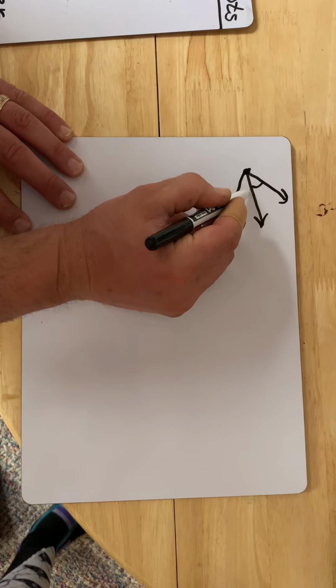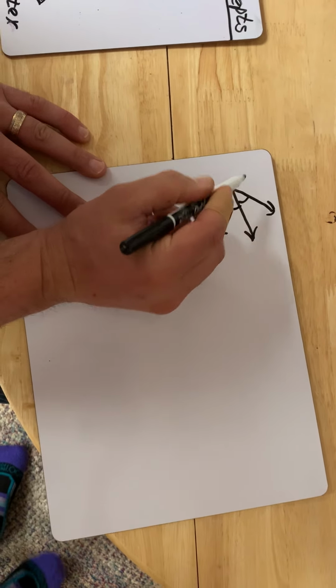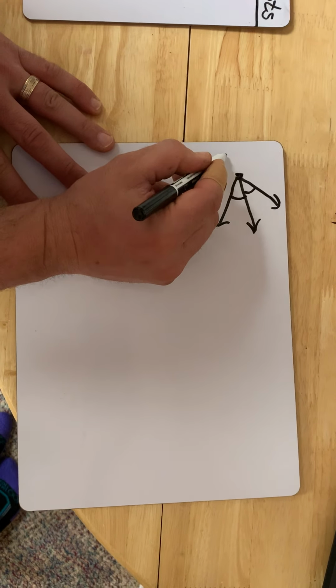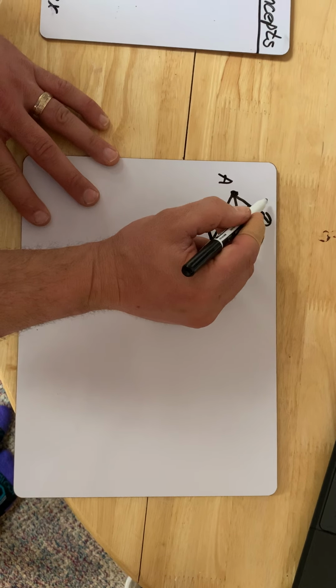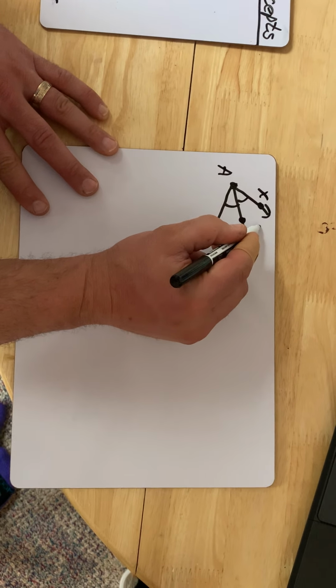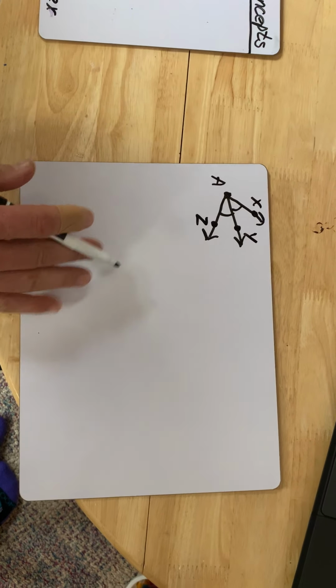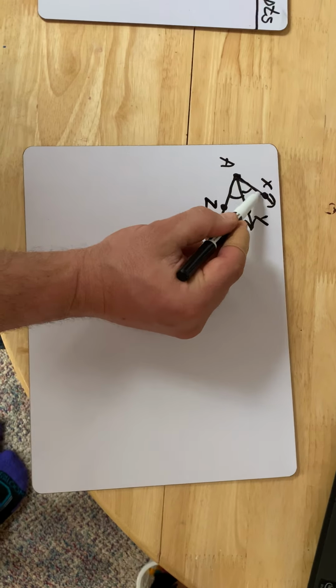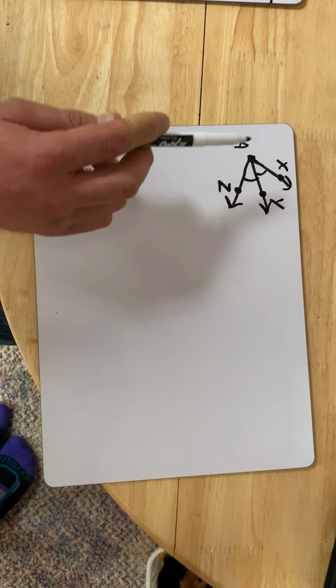So let's call this point A again, and we'll make this ray AX, this ray AY, and then this ray AZ. So I have 3 rays, right?